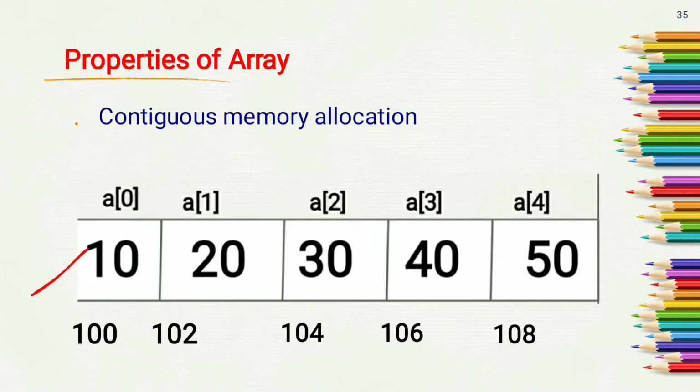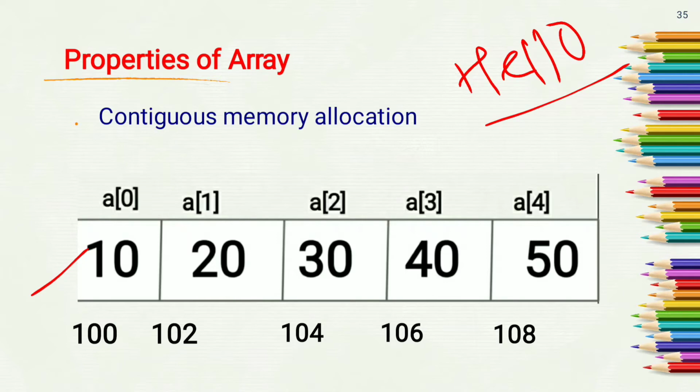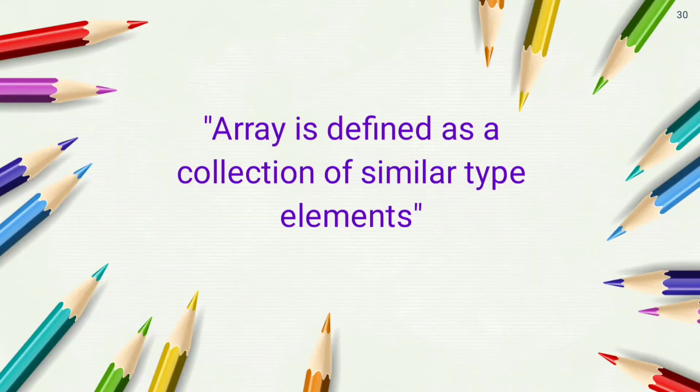We can also create an array of characters, which is called a character array, or we can say it is a string, because a collection of characters like hello is a string. So array is defined as a collection of similar type elements. All elements may be of type integer, float, or character.